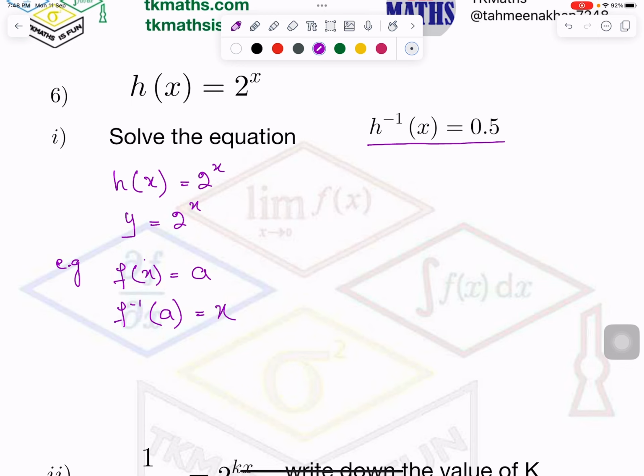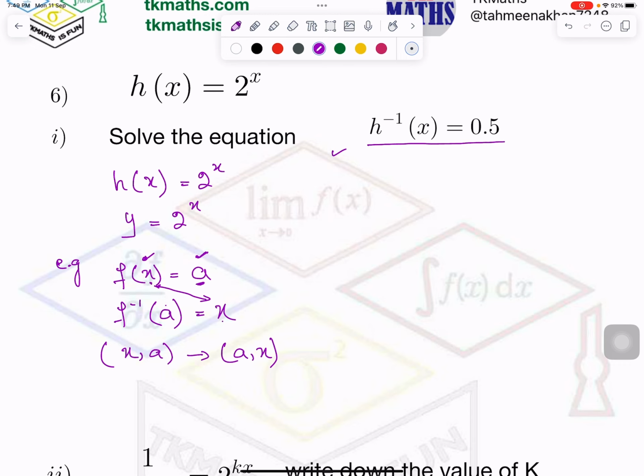Whatever value you are substituting in the function, and the result you are getting, which is called image, this is called domain. Then in the inverse function, if you take the domain, which is actually the range of the function, then the answer will be this domain. So I can say that my answer will become the input. I will apply that concept here.